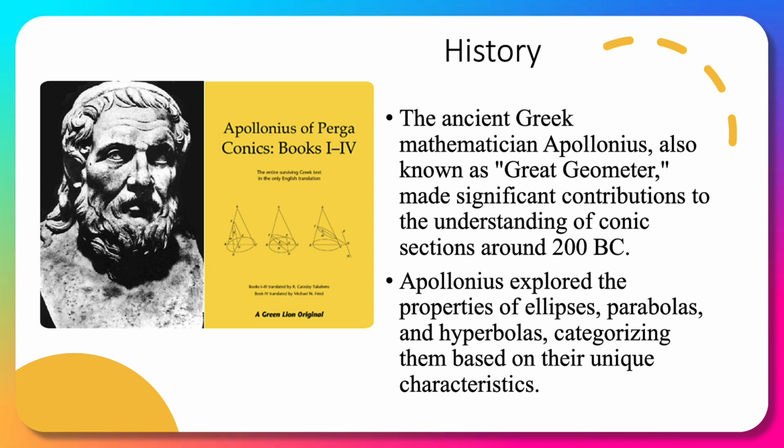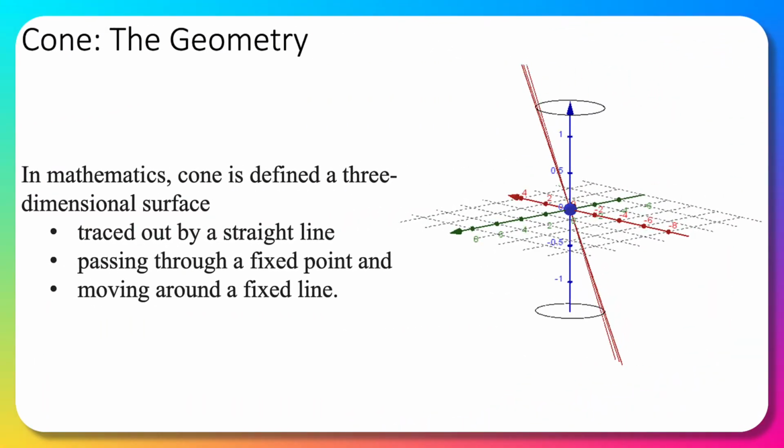His groundbreaking work laid the foundation for later developments in mathematics, influencing renowned mathematicians like Kepler, Newton, and others. Later, conic sections continued to be an integral part of various branches like physics, engineering, astronomy, and others. In this video, we will start our discussion by focusing on the geometric approach to conic sections.